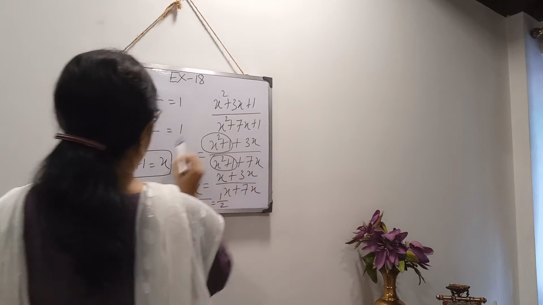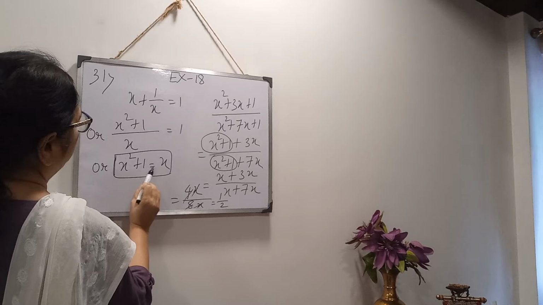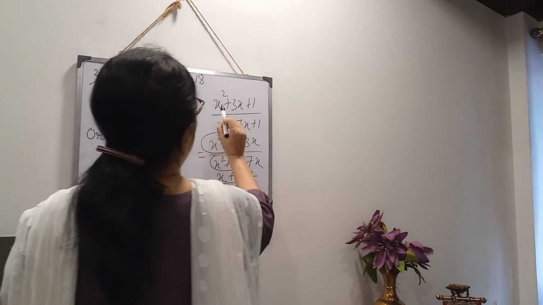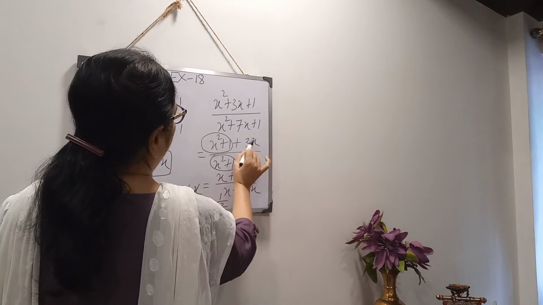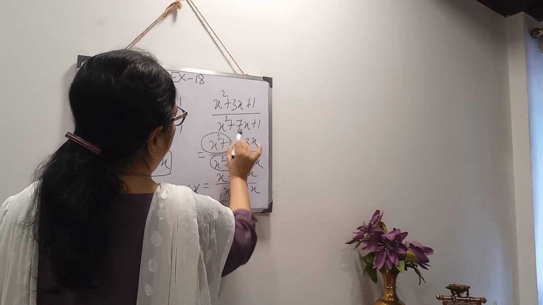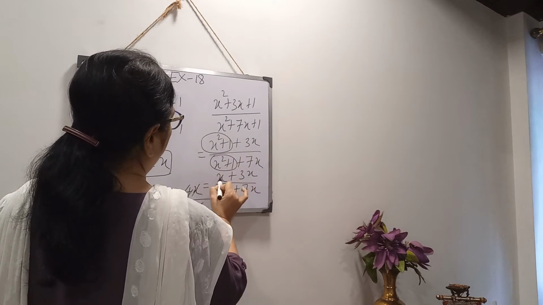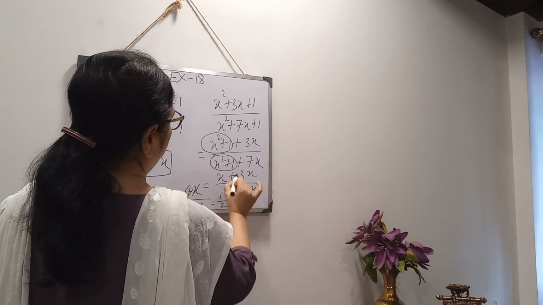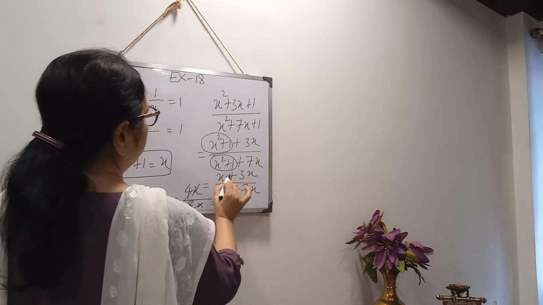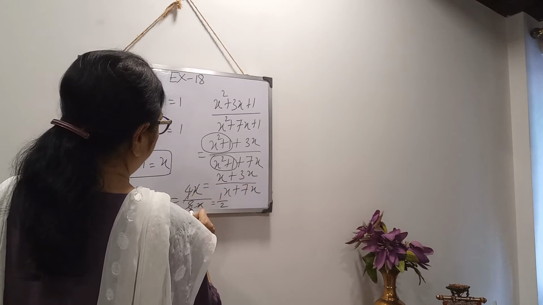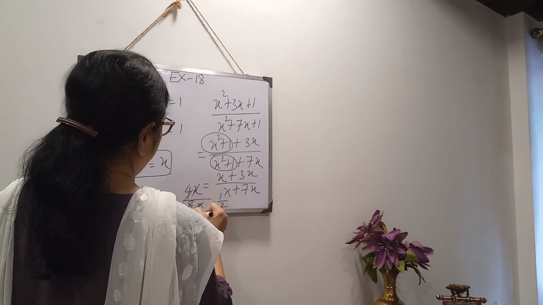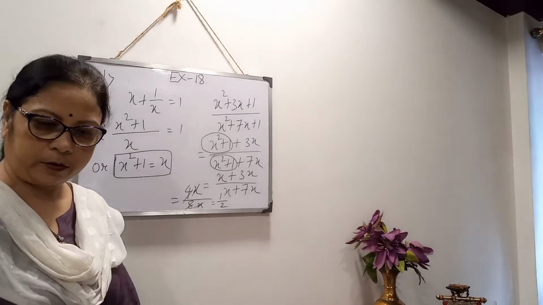Now as we have got x square plus 1 equals x, I am writing this side by side plus 3x. Denominator also this plus 7x. Now this equals x plus 3x by x plus 7x. You know, in algebra like terms can be added. So x plus 3x means 4x and denominator 8x, x is cancelled out. Your answer is coming half.